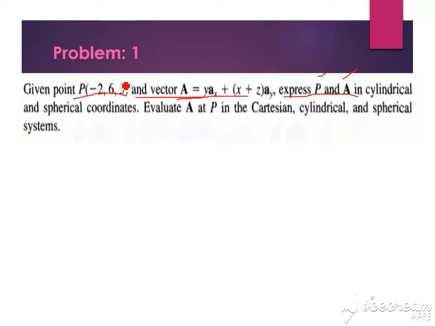We need to convert this point P and vector A into both cylindrical and spherical coordinates and evaluate A and P in three coordinate systems, that is Cartesian, cylindrical and spherical.